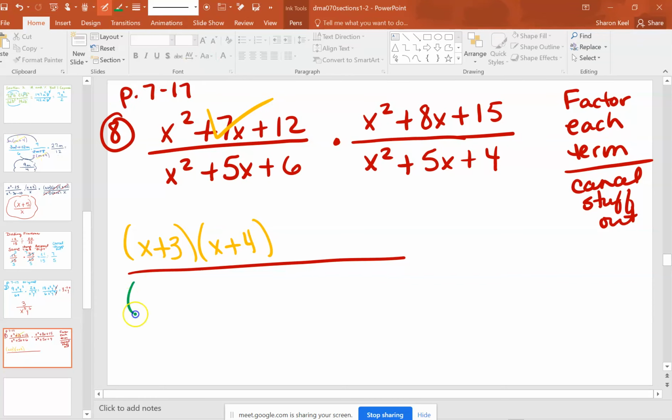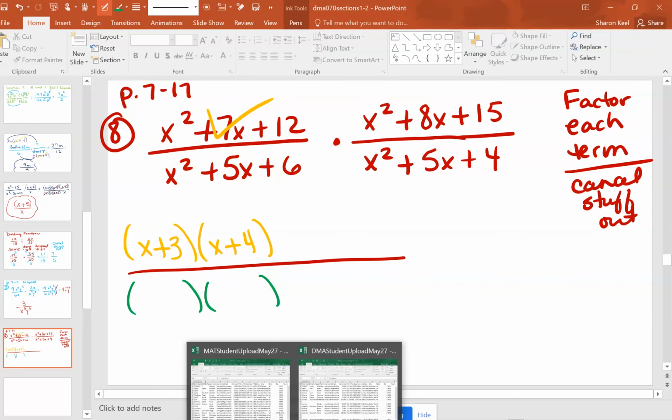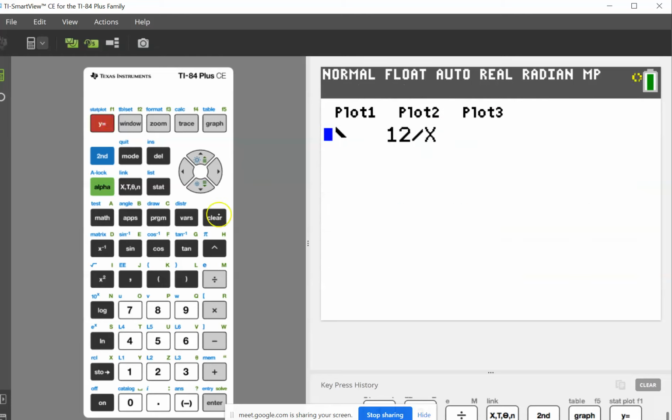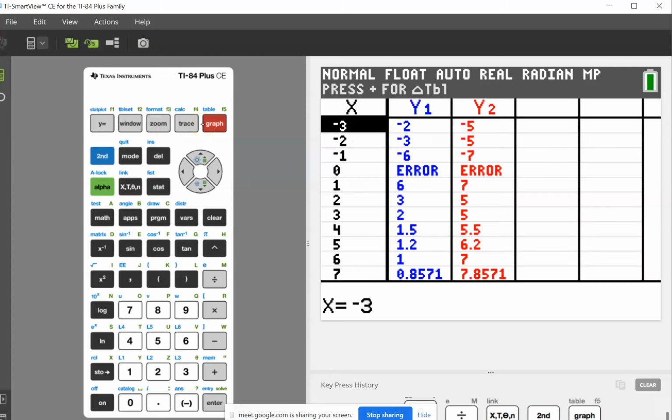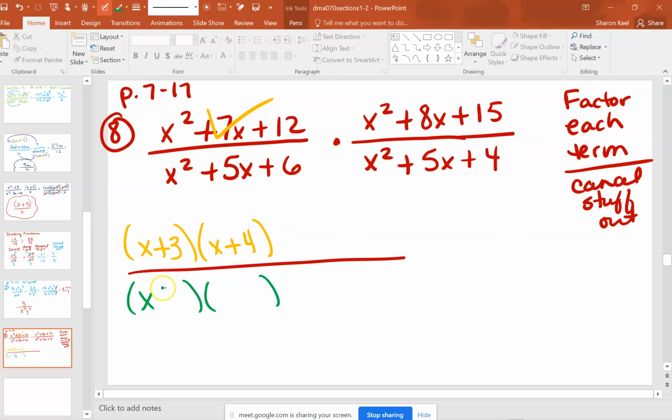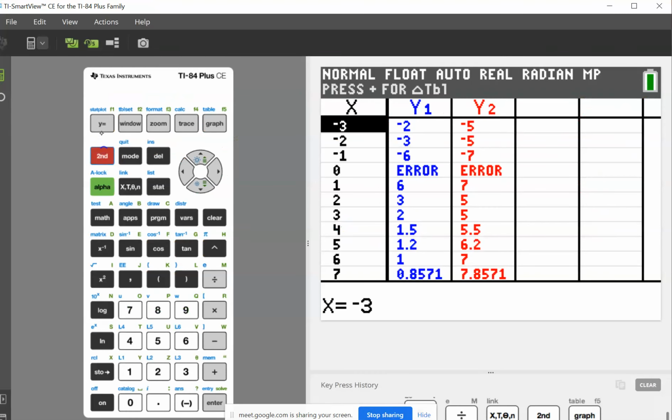I'm going to factor this denominator here. We've got a 6 and we're looking for the 5. So we got 6 divided by x. Second table, looking for a positive 5. Positive 2 and a positive 3. Once you've factored it, check it off. Let's do this one. 15, and we're looking for a positive 8.